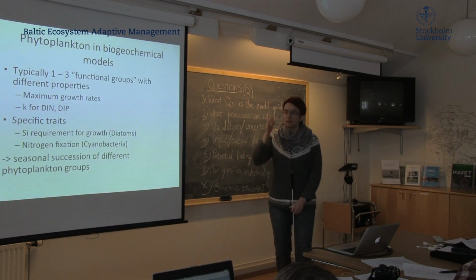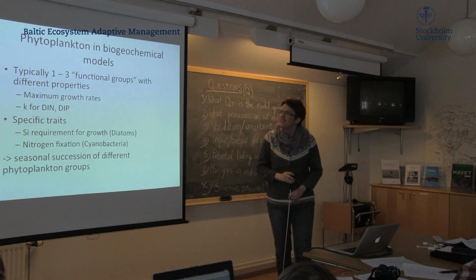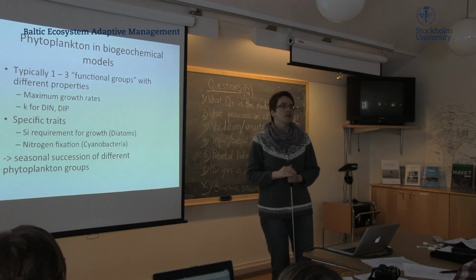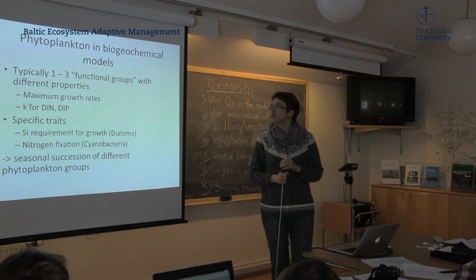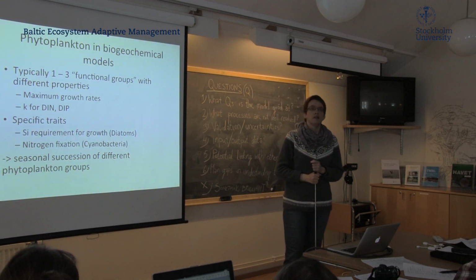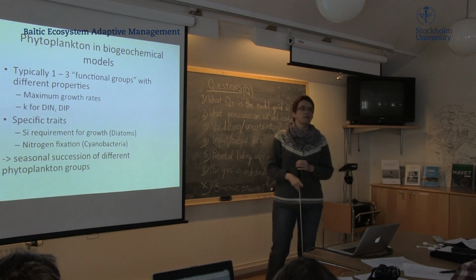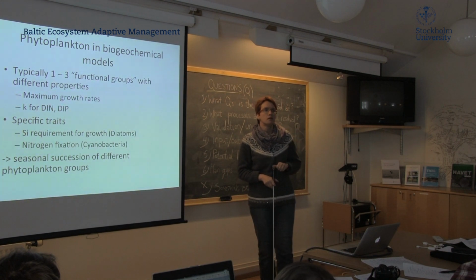Okay, so typically, since I thought you were all biologists, in our models we have something like 1 to 3 groups of phytoplankton, which we call functional groups, which have slightly different properties. For example, they have different maximum growth rates. That is something from the literature.